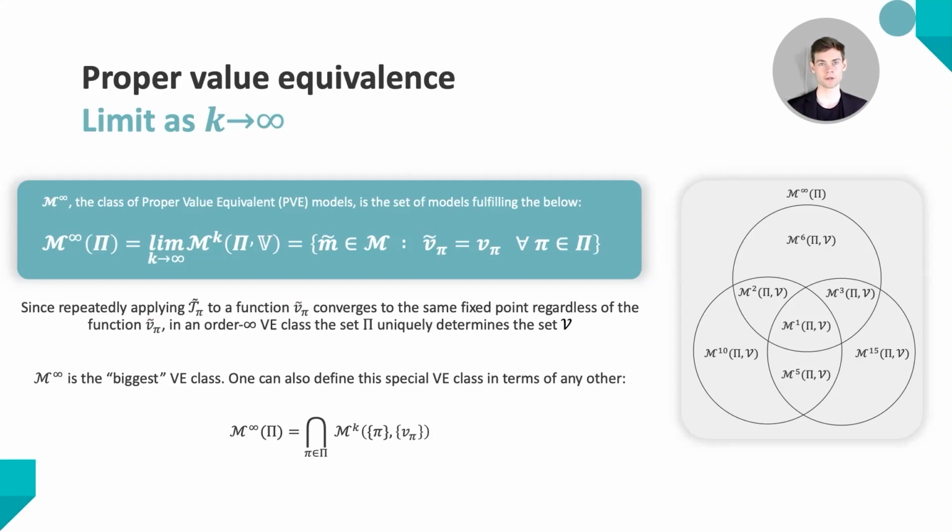Because if you have an order 1 value equivalence definition, you would always need to have a trade-off between the two, because in the limit you cannot take the limit without converging to the full model, and if you do, you haven't actually simplified the problem. So the order 1 value equivalence framework requires you to do a trade-off, and we can circumvent this with the new definition that we've just described.